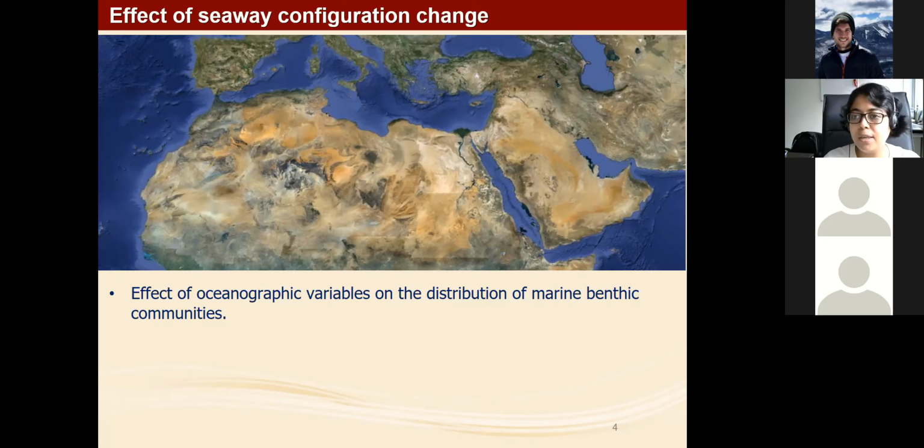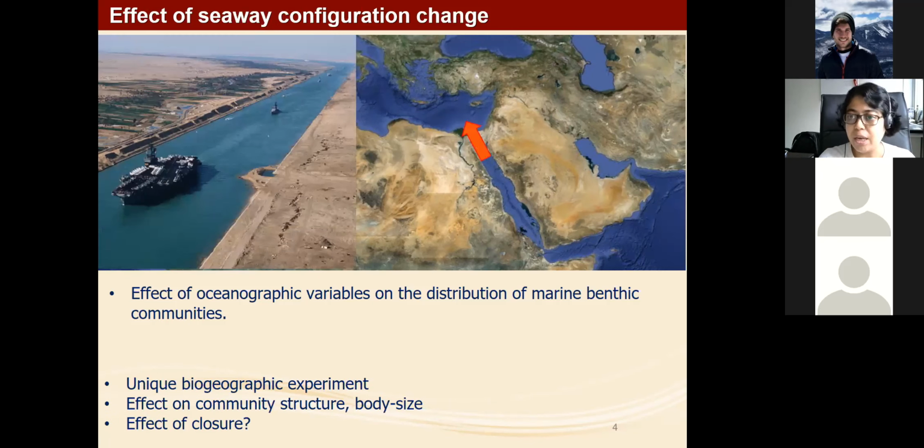And often I try to understand it by focusing on areas or times when the seaway configuration changed. One such area is the Mediterranean and Red Sea connection, where the seaway opened because of the Suez Canal. And one of the questions that we were addressing was, what happens when you connect two seaways after a long time when they were separated?